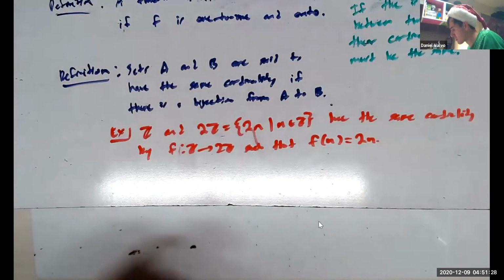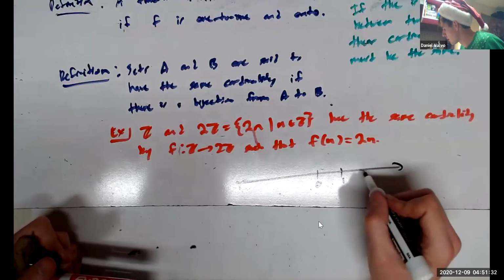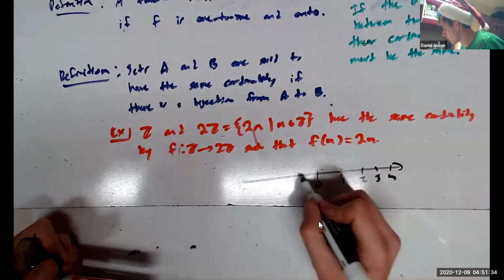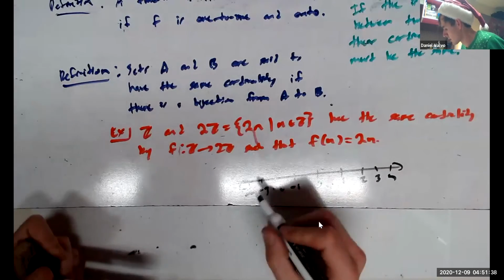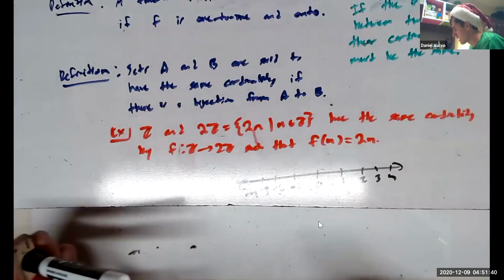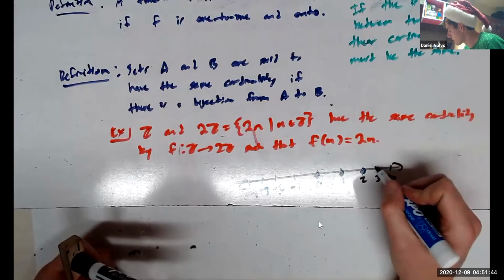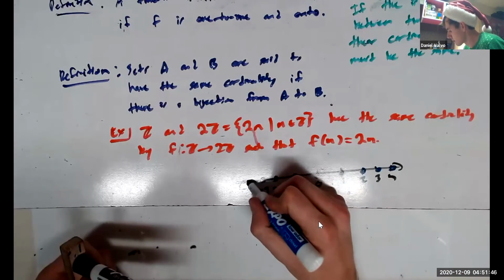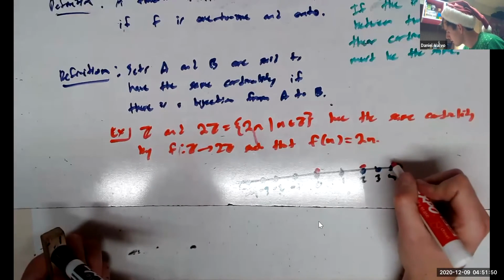But in another sense, not really, because if you look at a number line, we have 0, 1, 2, 3, 4, -1, -2, -3, -4. The integers are all the blues, and the evens are all the reds.